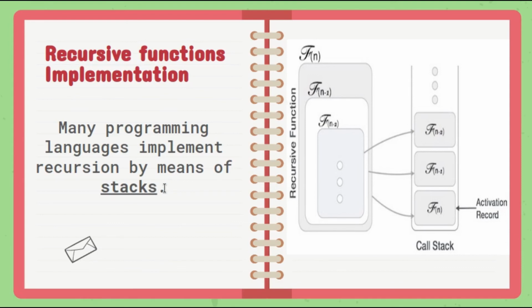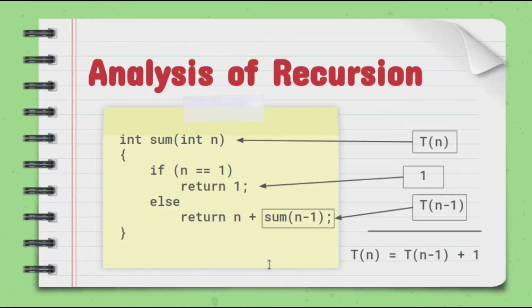I hope you got the concept. It's very simple. So now let's go ahead and analyze this. Here we have the analysis of the recursive function. If you call this one t of n, for recursive functions we usually call them t of n, or of course you can call it as you want. There's no problem with that.